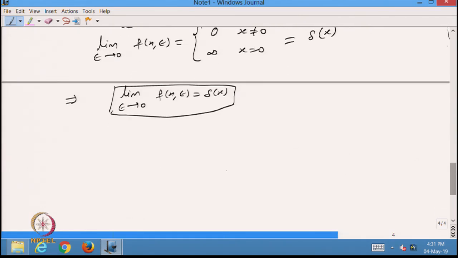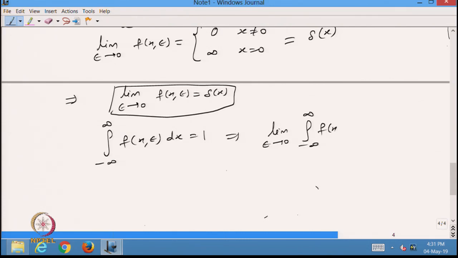Now I know that the integral from minus infinity to infinity of f x epsilon dx is equal to 1, as we have just done. Now I take the limit: the limit epsilon tends to 0 of the integral from minus infinity to infinity of f of x epsilon dx is equal to 1.